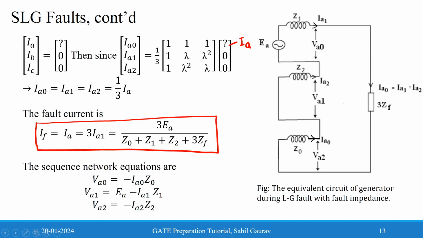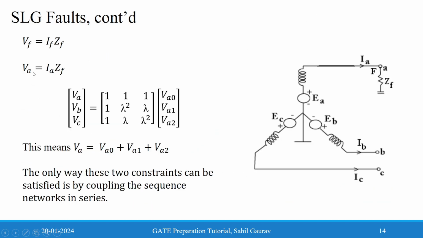Now the question comes here: why have we made this in series connections, that VA is equal to VA0 plus VA1 plus VA2? Why not other configurations? The answer is that we know the fault voltage at phase A is equal to IA into ZF.